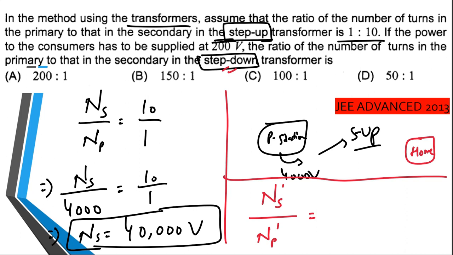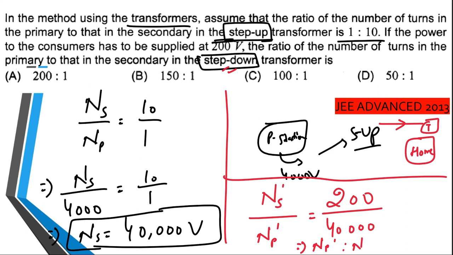We are getting the output voltage 200. So here we will write 200. And what is the input voltage coming to the transformer at our home? This is 40,000, which was being delivered from the power station after stepping it up. So from here you can see we need to find the primary to secondary ratio. So Np' is to Ns' comes out to be 200 is to 1.